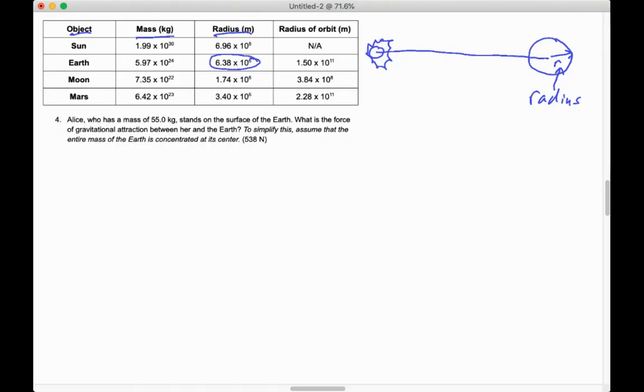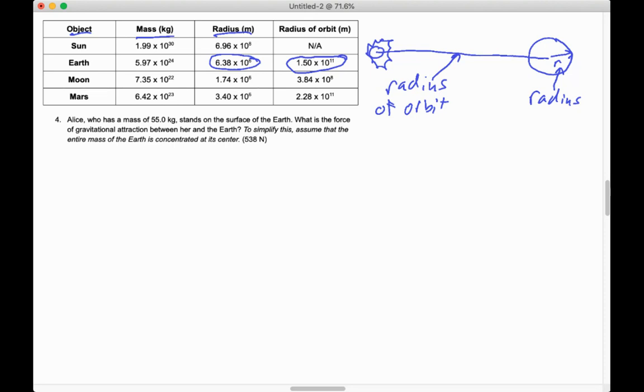So that would be this number. That's what those two things mean. So make sure you're looking at the table correctly and grabbing the right thing.